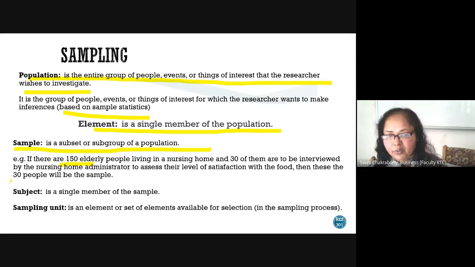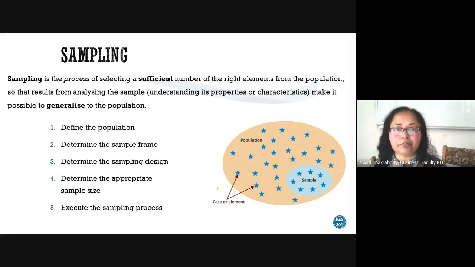They're interviewing 30 people, so that is called the sample. Each of these 30 members is called a subject, an individual member of the sample. A sampling unit is an element or set of elements available for selection in the sampling process.